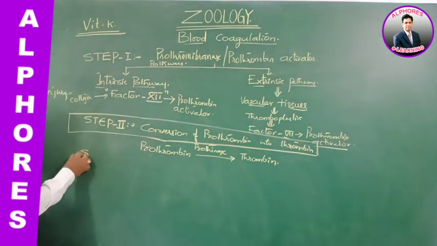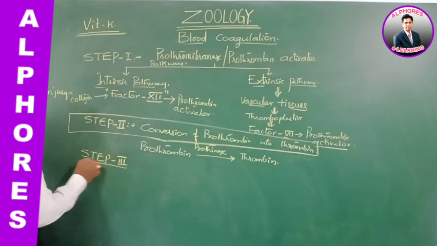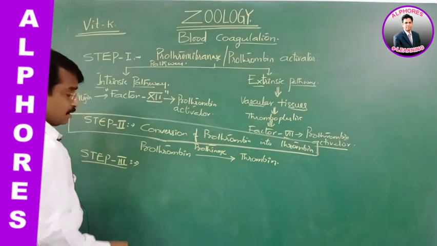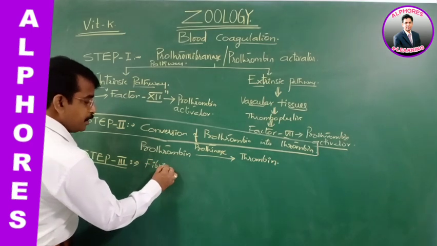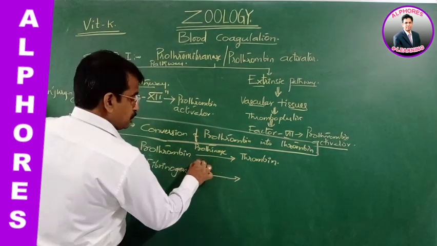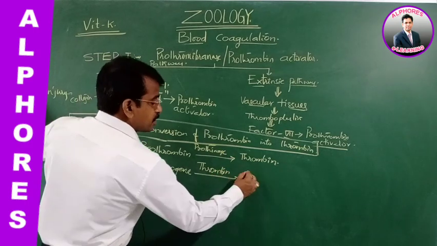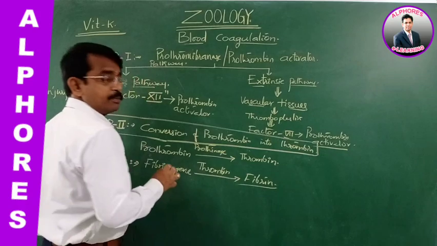Now step 3 is the released thrombin. The released thrombin acts upon the fibrinogen, which is in an inactive form. The thrombin acts upon the fibrinogen and converts it into fibrin fibers.